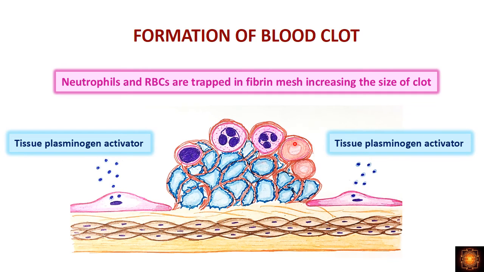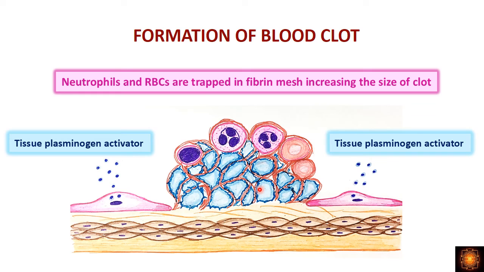Now once the clot is formed, the function of the formation of the blood clot is to stop the leakage. So once the clot is formed, then there will be activation of the counter regulatory mechanism. Otherwise, what happens if there is no counter regulatory mechanism? Slowly the cells will be accumulating on the surface, and we have a very big clot which can even obstruct the flow of the blood in the vessel.